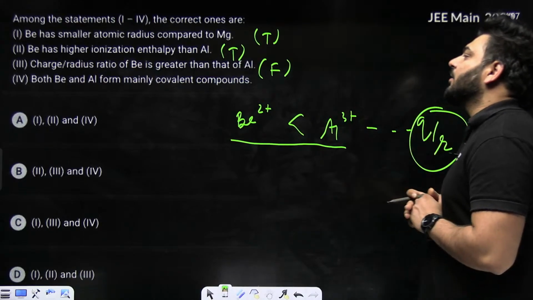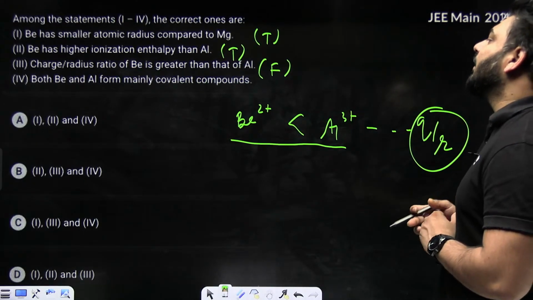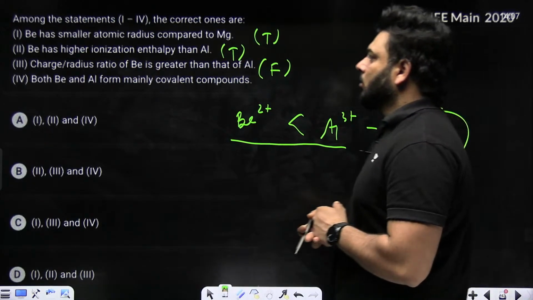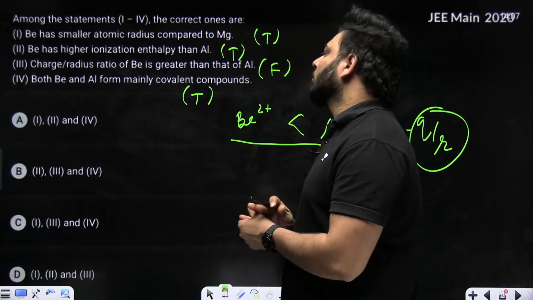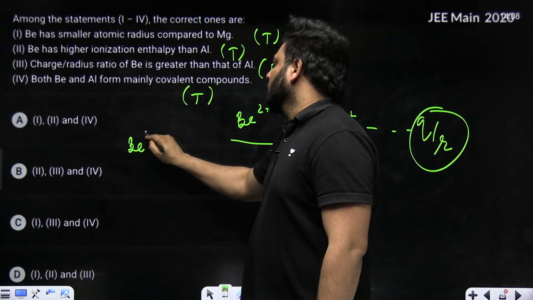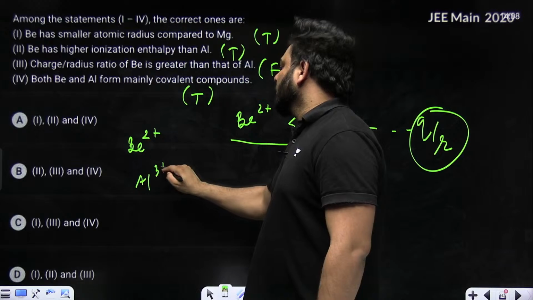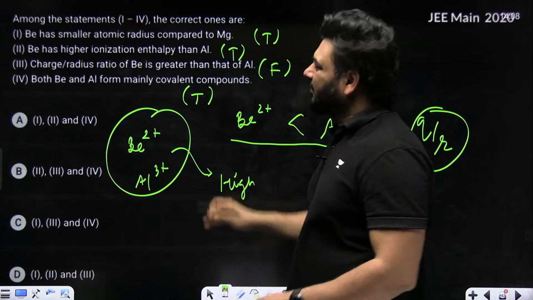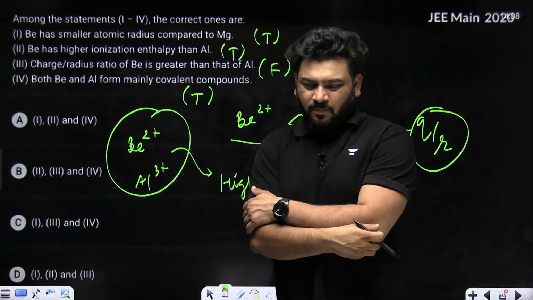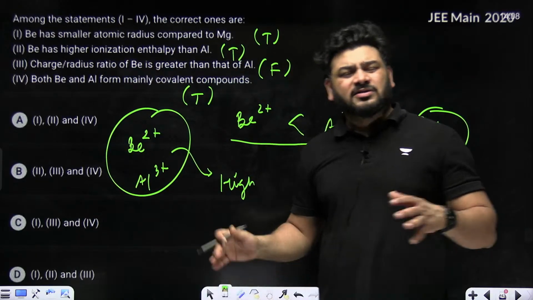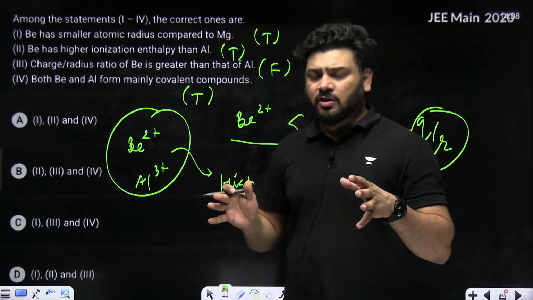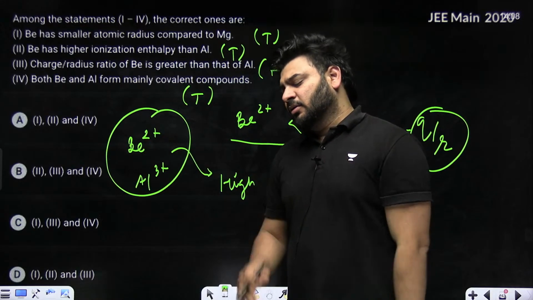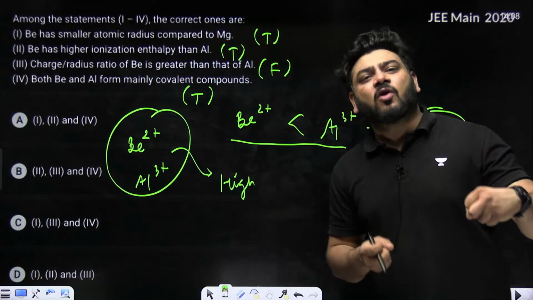And both beryllium and aluminium form mainly covalent compounds. So this is also true because of their high electron density. Some of the concept has been taken from chemical bonding.